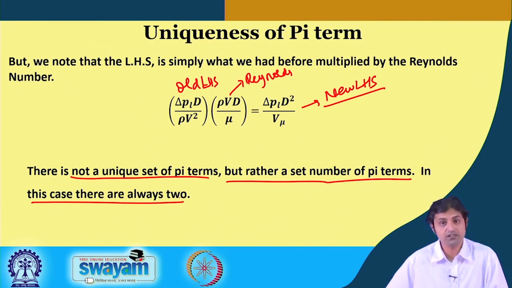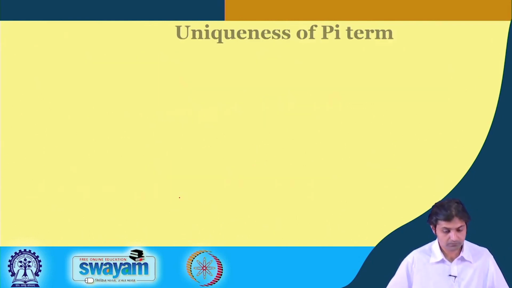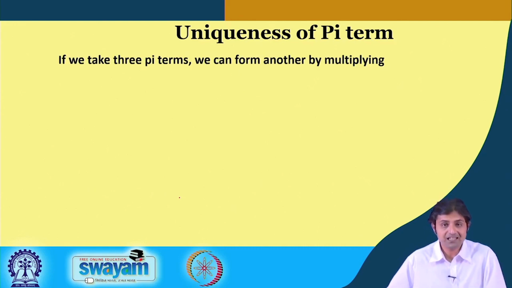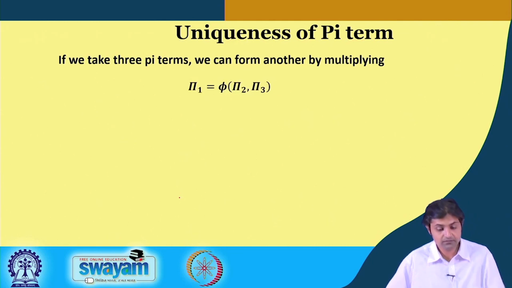The number of pi terms will remain fixed at 2, but what those will be is not fixed. If we take 3 pi terms, we can form another by multiplying. If pi 1 is a function of pi 2 and pi 3, we can form a new pi 2 dash by multiplying pi 2 to the power a and pi 3 to the power b.